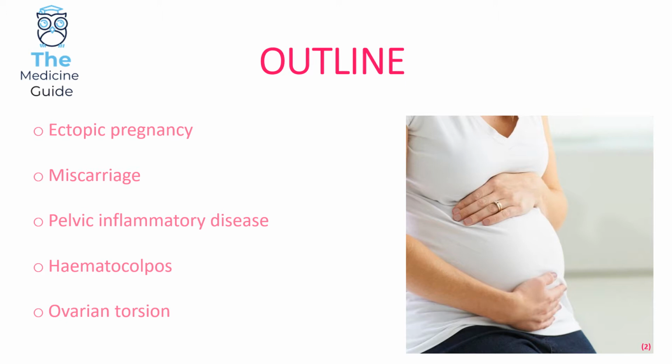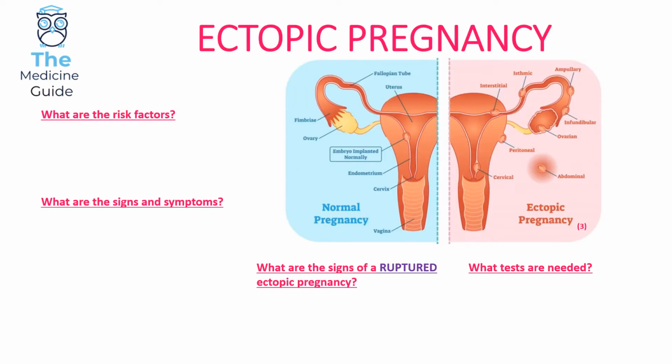So let's get started. Firstly we're going to look at an ectopic pregnancy. If you have a look at the central picture, enclosed within a blue square, this shows a normal pregnancy. In a normal pregnancy, the embryo will implant itself along the endometrium of the uterus. Now, the picture in the pink square shows an example of an ectopic pregnancy.